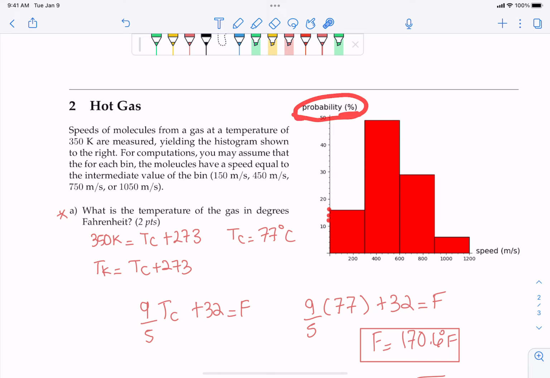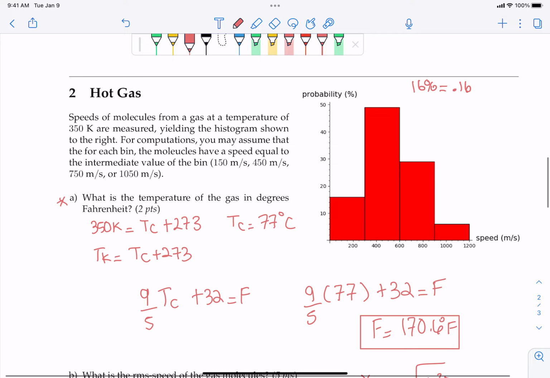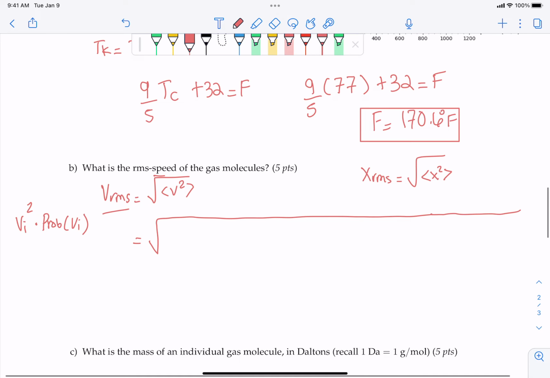Be really careful here, because they could give normal probabilities like 0.16 and 0.06, or percentages, and I'm fairly certain they'll pull percentages to trip people up. If it's just an integer like 16, know that's 16%, which is 0.16, so move over 2 decimal points. In this case, it'd be 150 squared times 0.16.